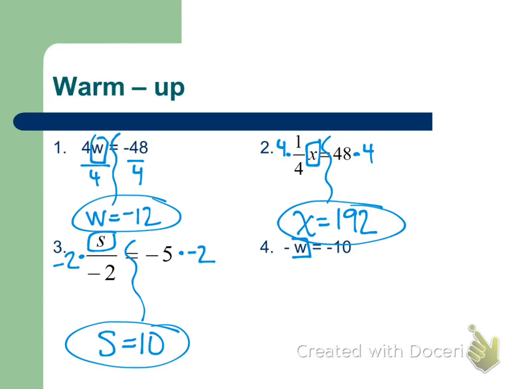We're trying to make sure that we just have W by itself. Right now we are told the opposite of W equals -10. But I don't want the opposite of W, I just want plain W. Does anyone know what it would be? Positive 10. If the opposite of W is -10, then plain regular positive W would be positive 10.